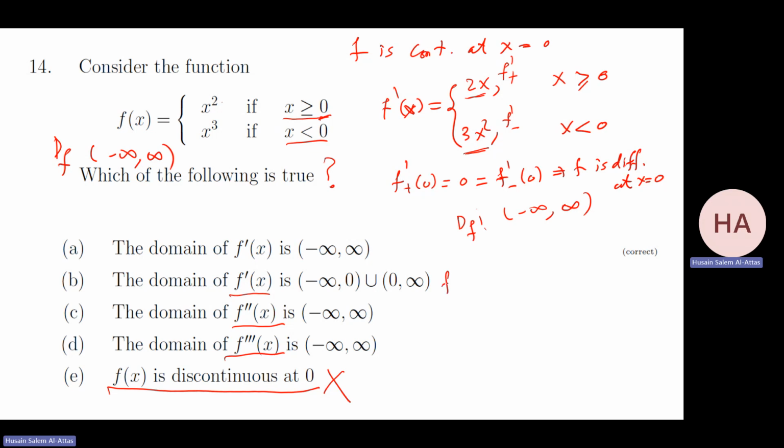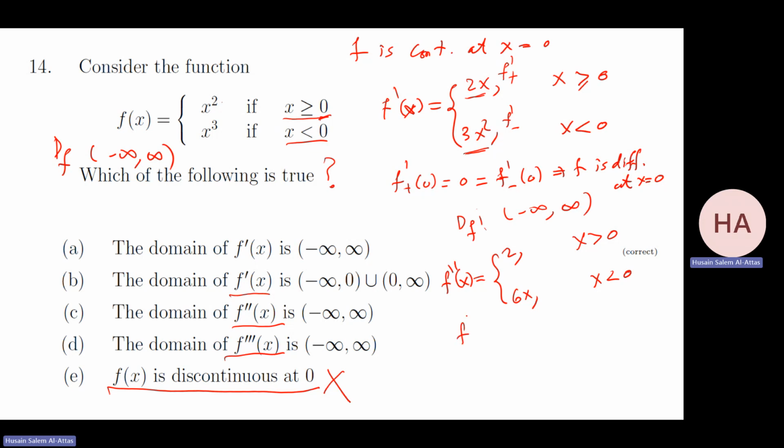Now we'll come to f double prime. What will we have? We'll do the same thing. This is 2 if x is greater than 0, we have 6x if x is less than 0. Can I put the equality? No, we cannot do this. Why?